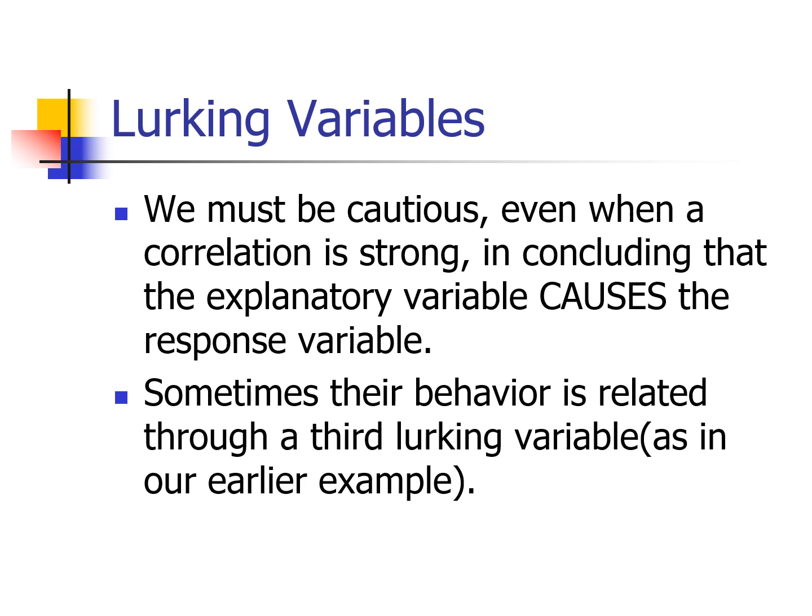So we must be cautious, even when a correlation is strong, in concluding that the explanatory variable causes the response variable. Sometimes that behavior is related by some third or fourth or fifth lurking variable.